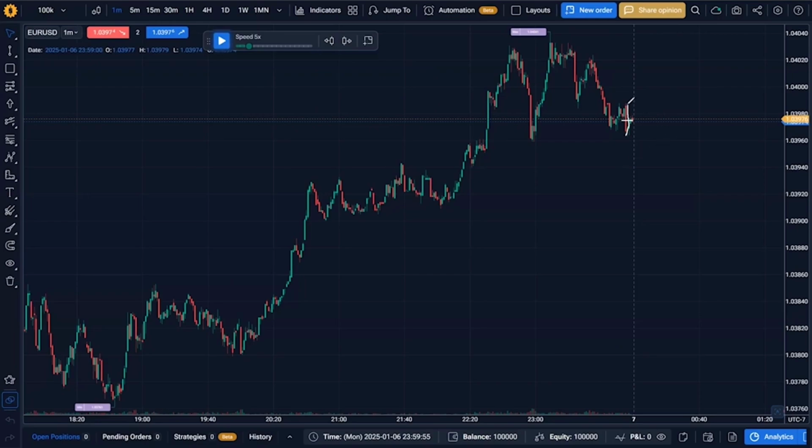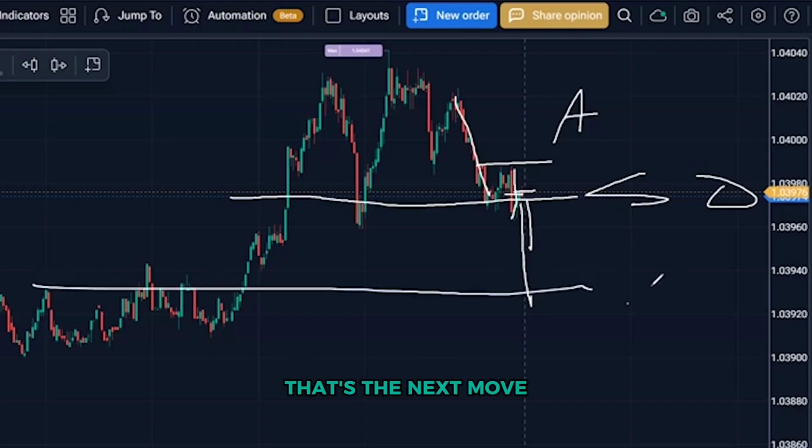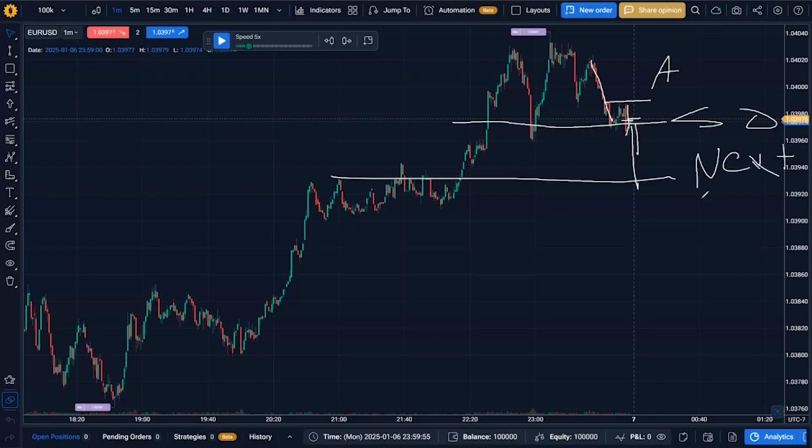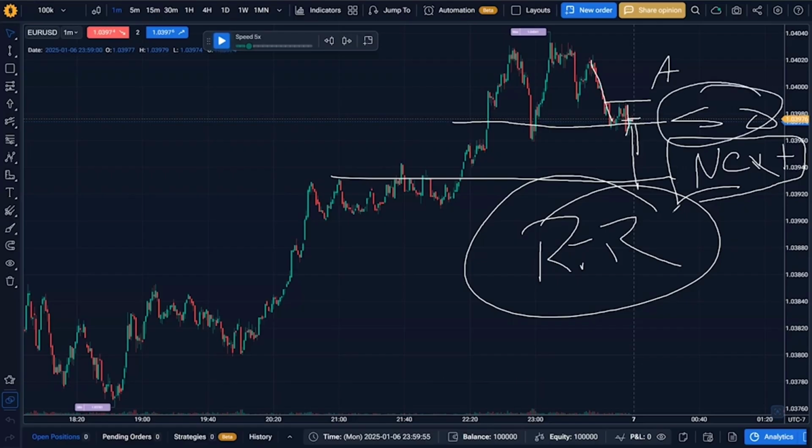Well, the next move is either A, you're going to break above here, or B, you're going to fail to move higher and you're going to come down to here and make this the 50 and move an equal distance down to here. That's the next move. This is what I talk about all the time, about looking for the invisible 50s, because this 50 is not a 50 yet.